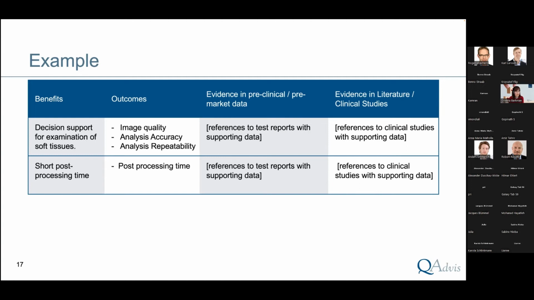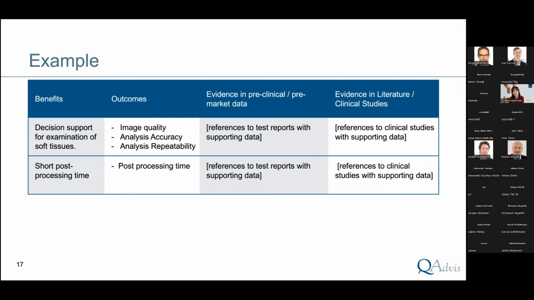Outcomes for decision support would be the image quality. It's improving the image quality, and then you can measure that by accuracy of the image, and also repeatability, the measurement repeatability, whether it's possible to repeat. And for the short processing time, of course, the processing time itself, how long does it take to make these calculations.